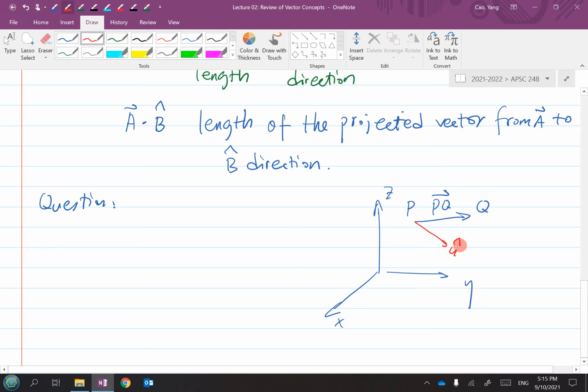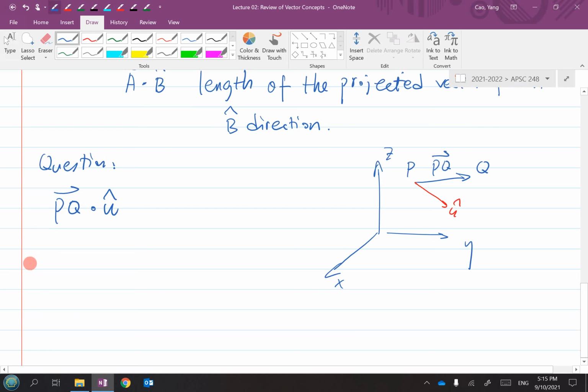My question is, if I do PQ dot U hat, what does it give me? A, projected vector in the direction of U hat.